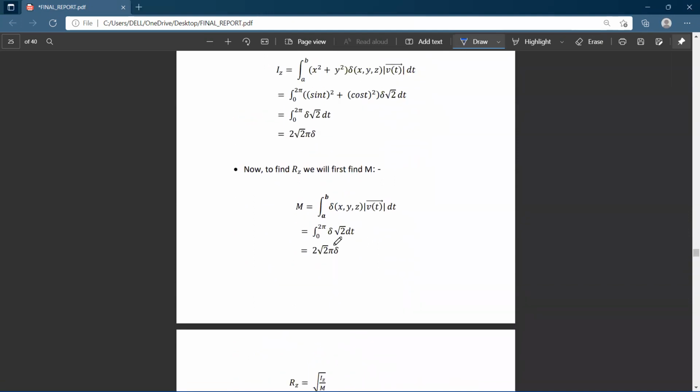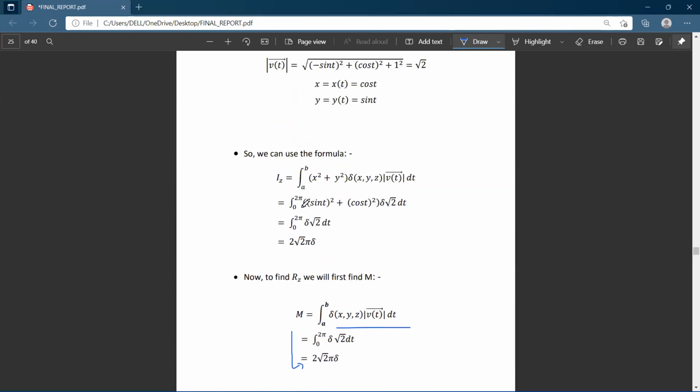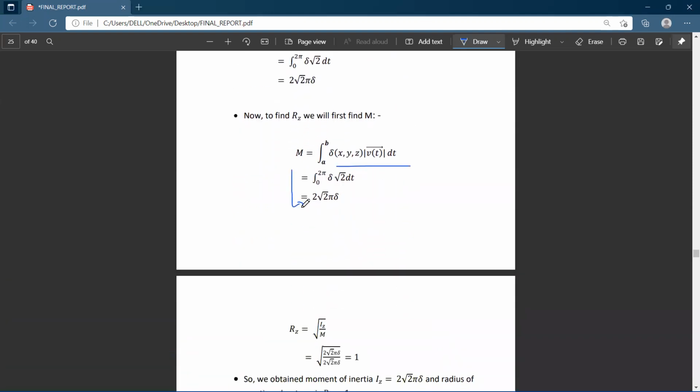After that, we want to find the radius of gyration. For that, we first have to find the mass of the spring or coil. The equation of the mass is given by this, and substituting delta and modulus of v as root 2, we obtain the mass, which is the same as the moment of inertia.